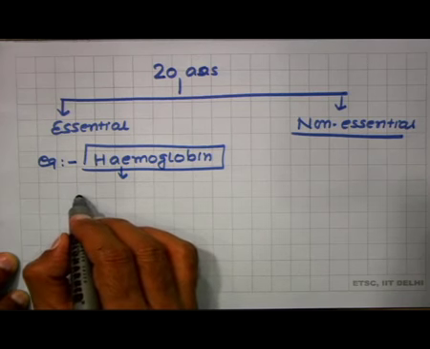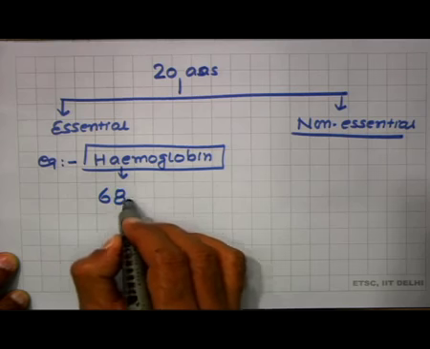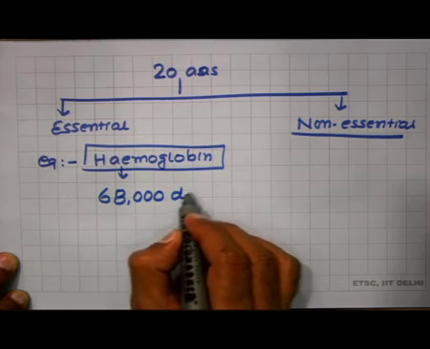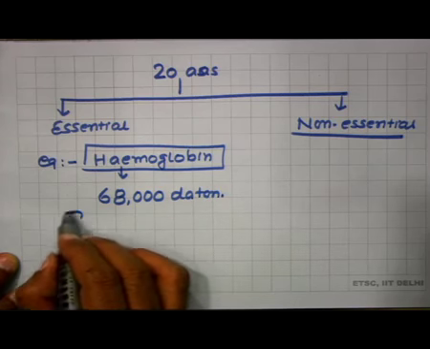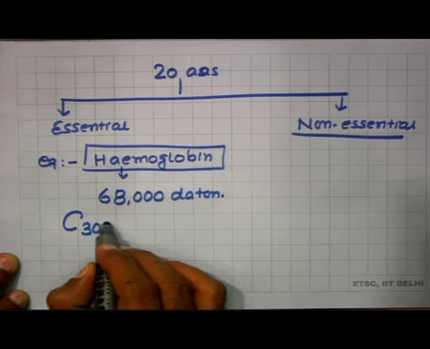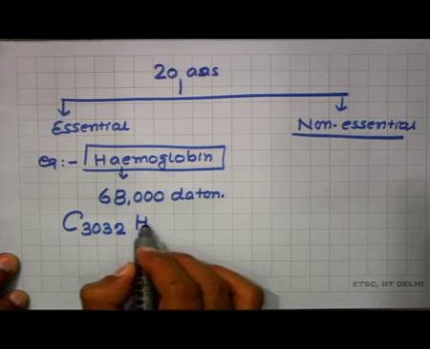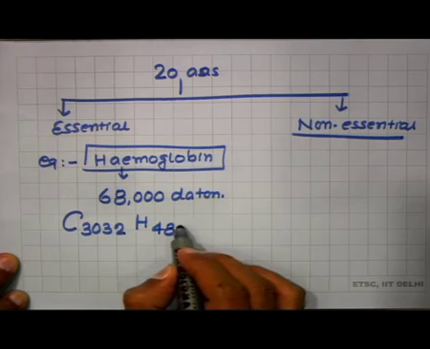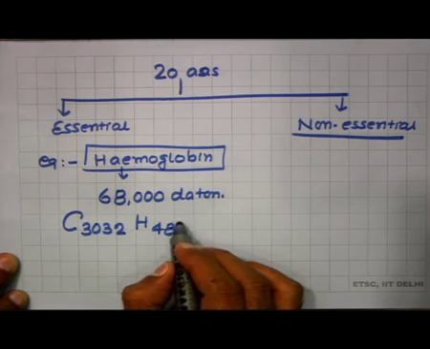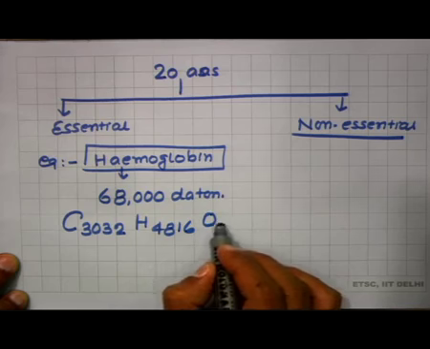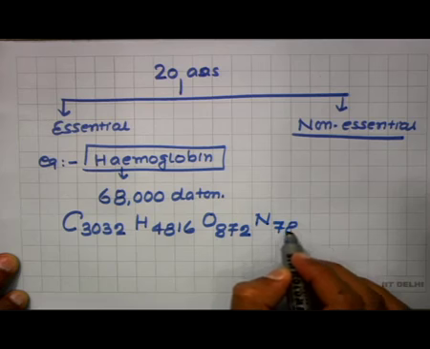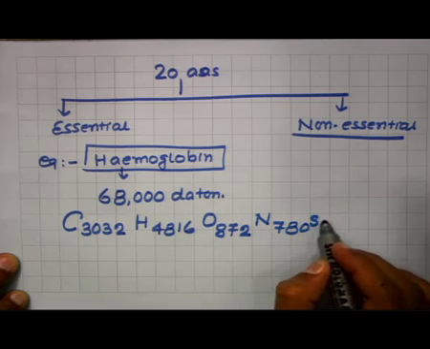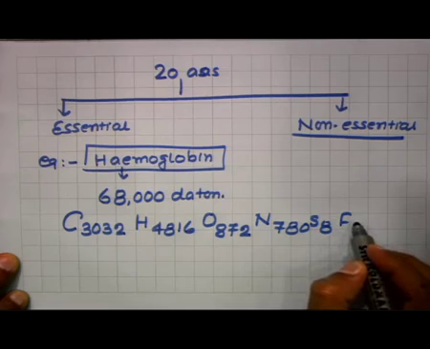Its molecular weight is about 68,000 Dalton and its molecular formula is C3032, hydrogen 4816, oxygen 872, nitrogen 780, sulfur 8 and iron 4.